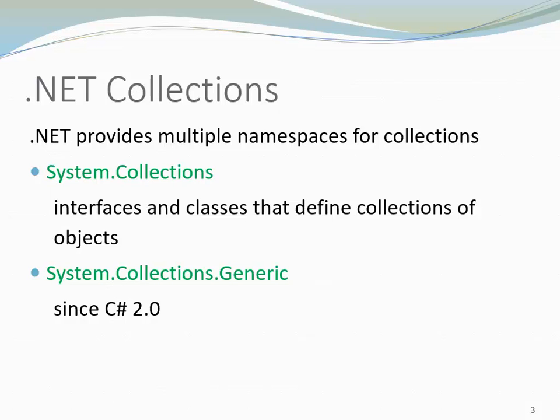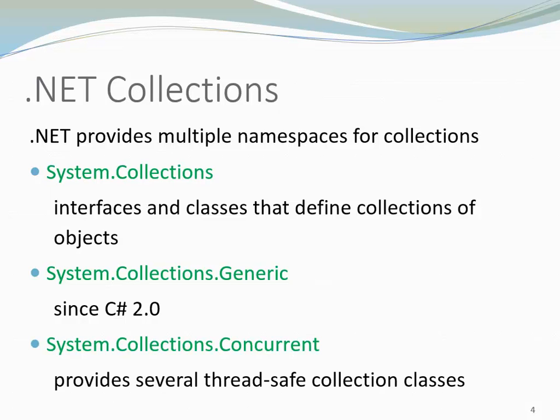You find them in the System.Collections.Generic namespace. In our course, we focus on the collections defined there. Be aware, though, that these generic collections are not well suited for multi-threaded programming. If you ever need thread-safe collection classes, check out the namespace System.Collections.Concurrent.